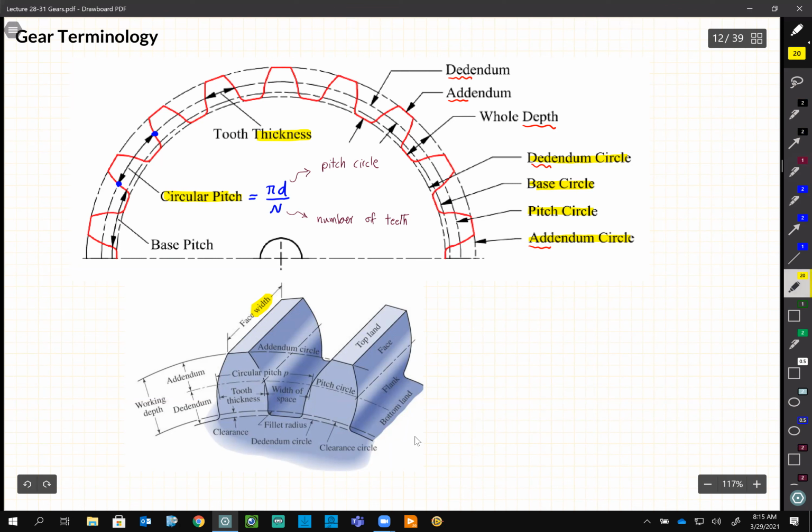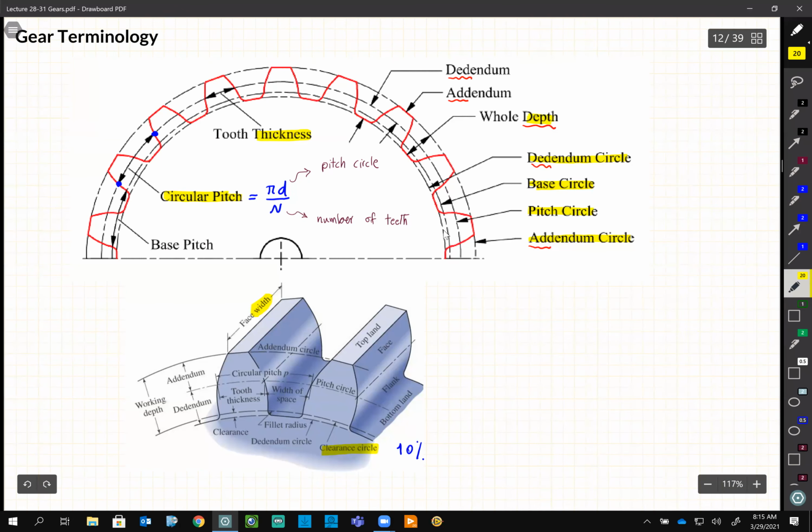Another important parameter is the clearance circle. When two gears are meshed together, what's the distance between the other gear and the one that we have here? There are certain rules. They say usually you should have clearance of 10% of the depth. What was the depth? It was here.